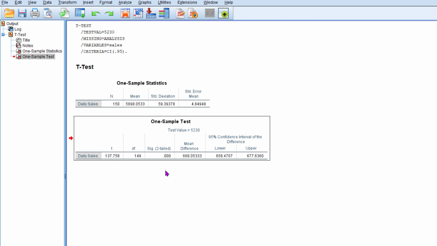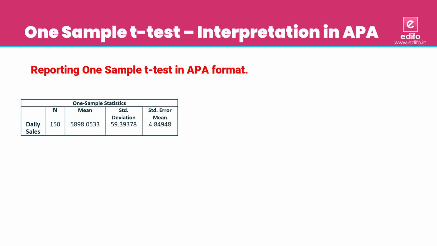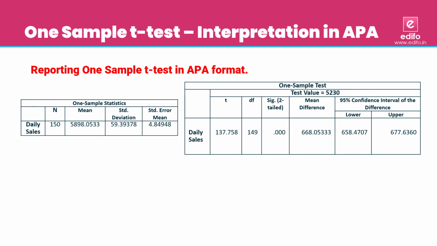Now, we are going to write the interpretation in APA format. So, for reporting in APA format, you need to first of all draw the table, both the descriptive and inferential tables that we have already seen in the output window of SPSS.